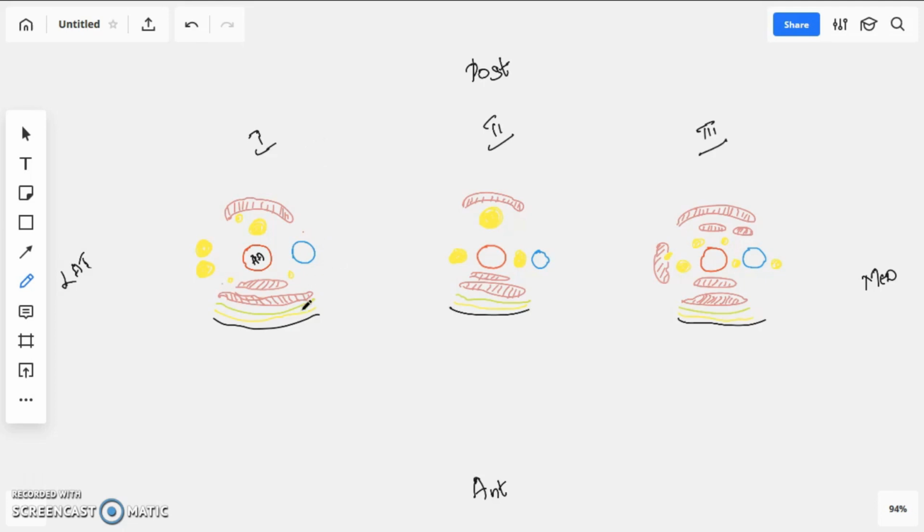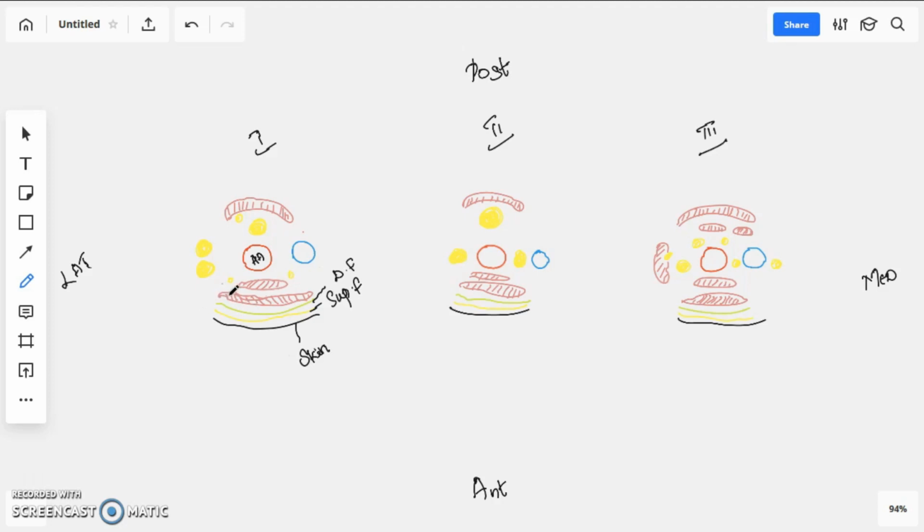In the first part, the anterior relations, from anterior to posterior we will go. Anteriorly, the first layer will be skin. Then the second layer is superficial fascia, and the third layer, you can see a green coloration, is nothing but deep fascia or pectoral fascia of upper limb.